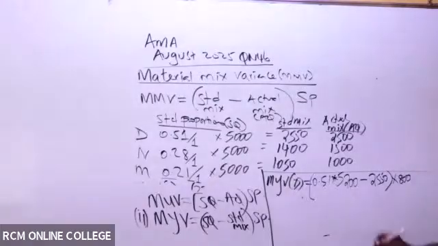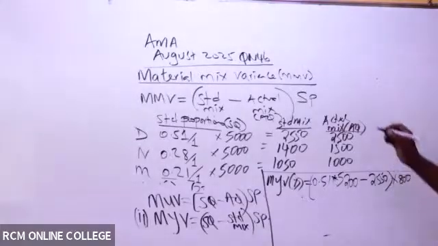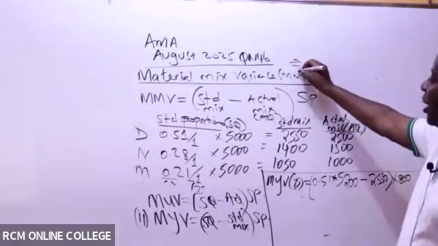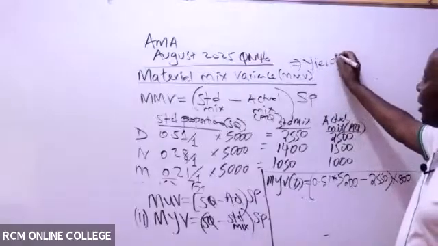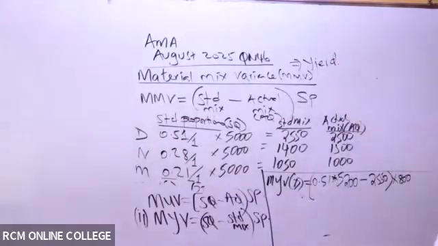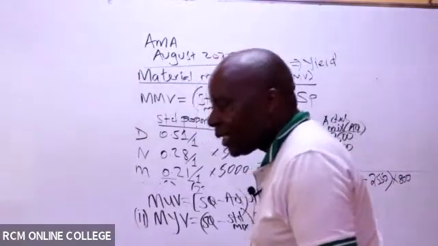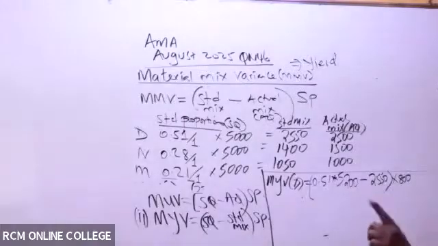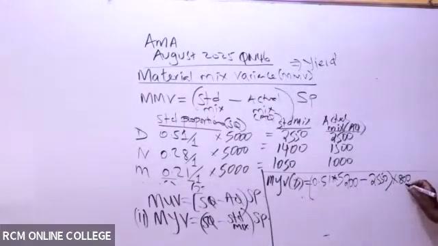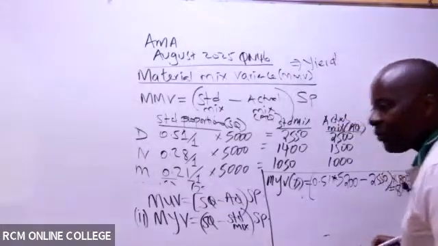So is there somebody who is able to give me the material yield variance? So they're giving me a figure of 81,600 favorable. I don't know how you got 102. Most of them are giving me a figure of 81,600 favorable.